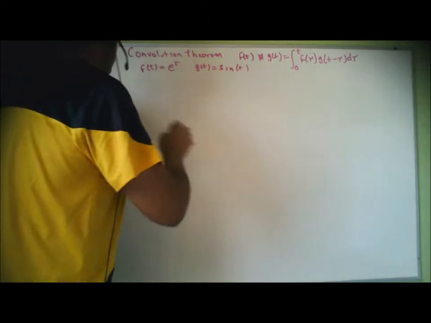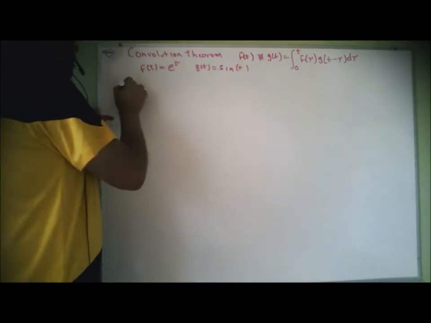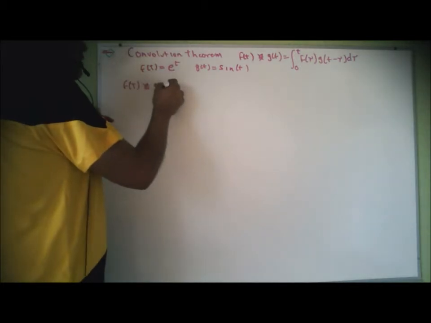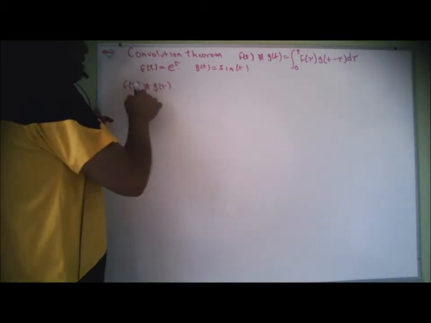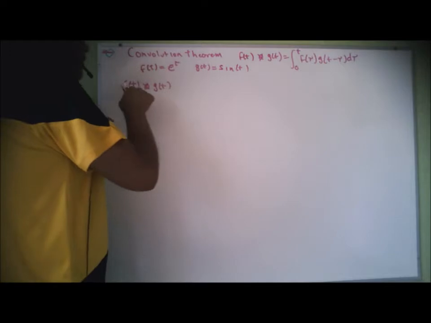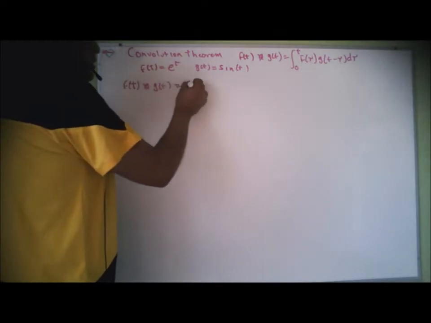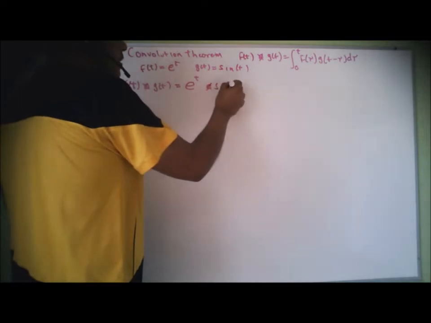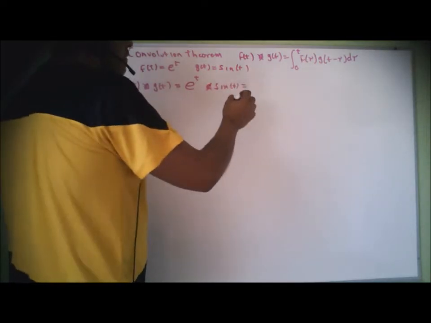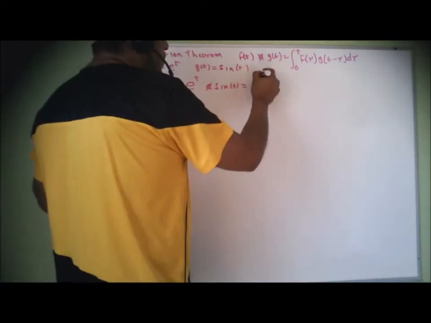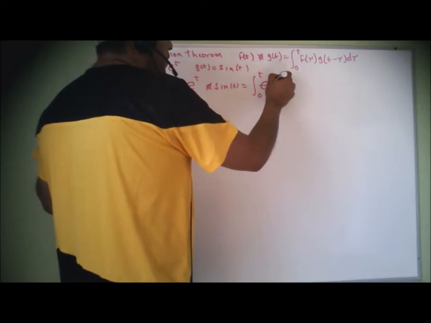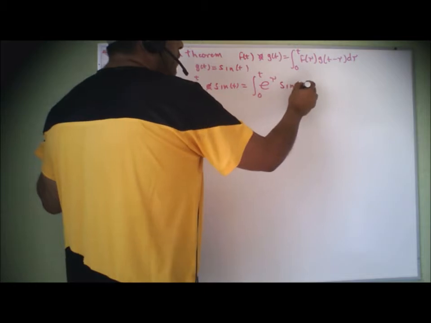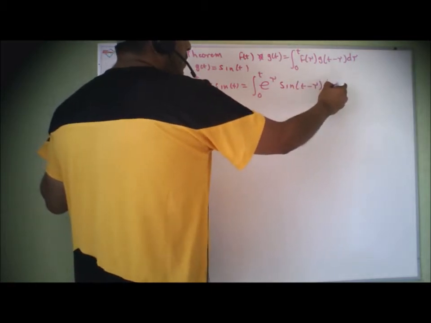Now, if we do f of t convolution with g of t, which is exponential of t convolution with sine of t, what we have to do is the integral from 0 to t of exponential of tau, you replace here by tau, and then sine of t minus tau, d tau.